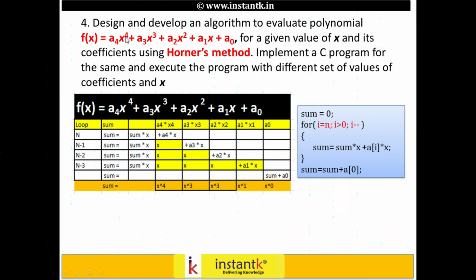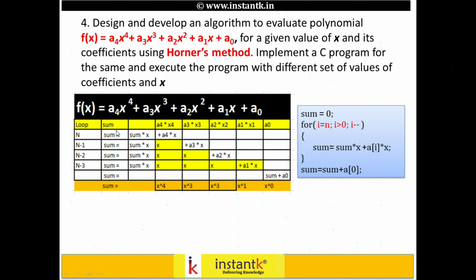It's not x to the power of 4, it's a4 into x, the first one. Then in the next iteration you multiply sum by x, so the x becomes x square, next time x cube, and next time x to the power of 4. Every time we multiply by x and also add a[i], the ith value.